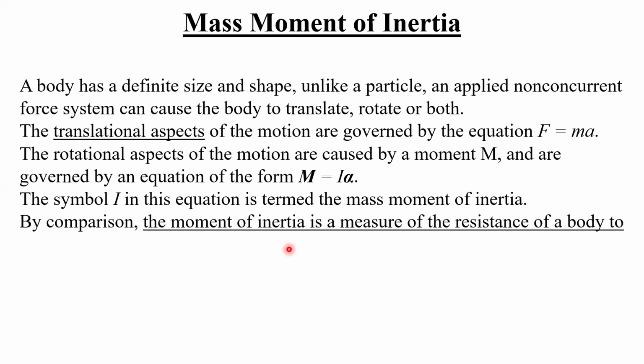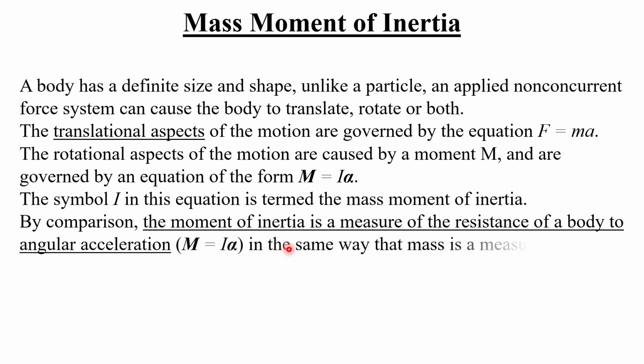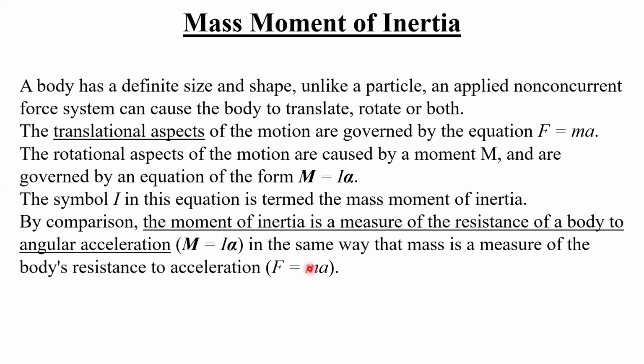By comparison, the moment of inertia is a measure of the resistance of a body to angular acceleration, in the same way that mass is a measure of the body's resistance to linear acceleration.